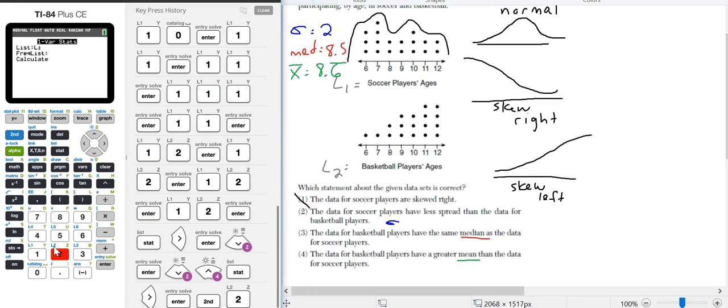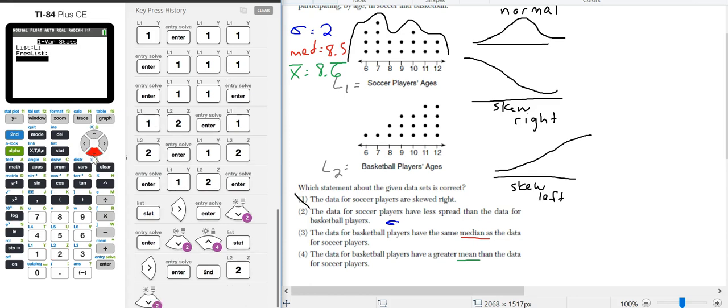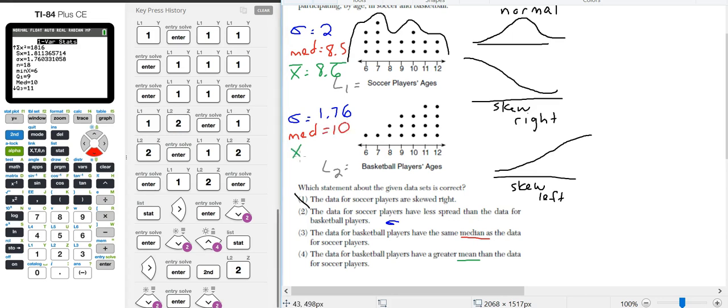Scroll down to Calculate, press Enter, and let's write what we found here. Sigma x, the standard deviation, is 1.76. The median, we're going to have to scroll down to be able to see it, is 10. And then we have to scroll back up to get the mean. X bar is 9.8 repeating.